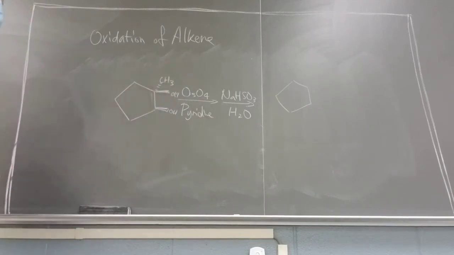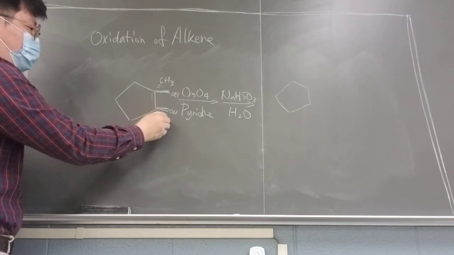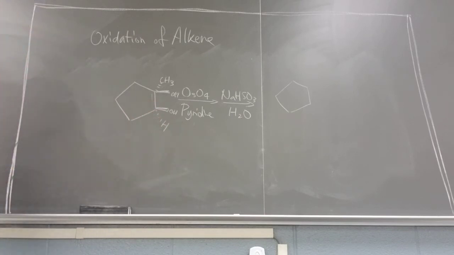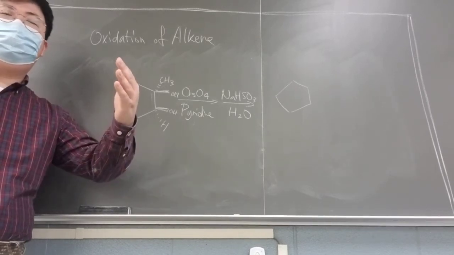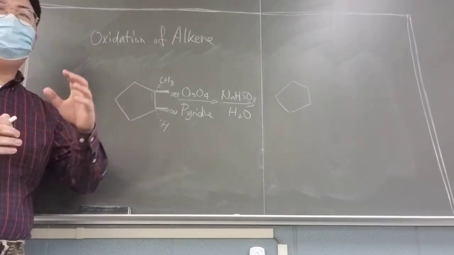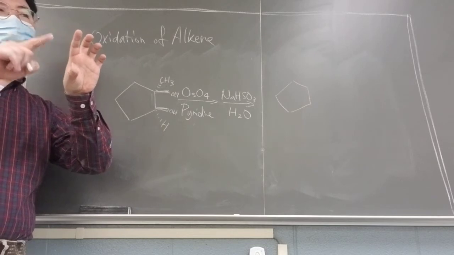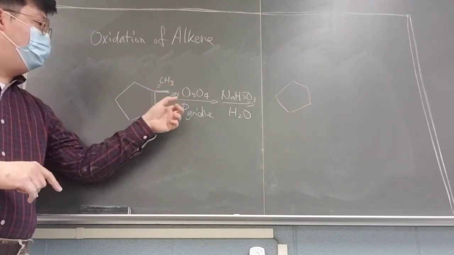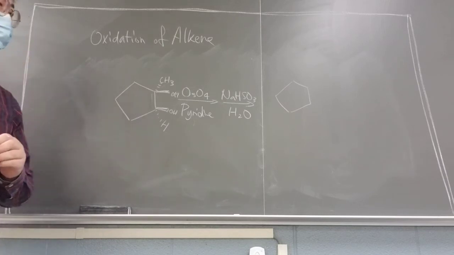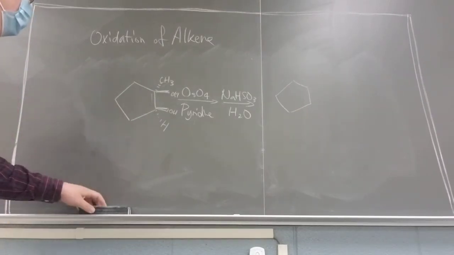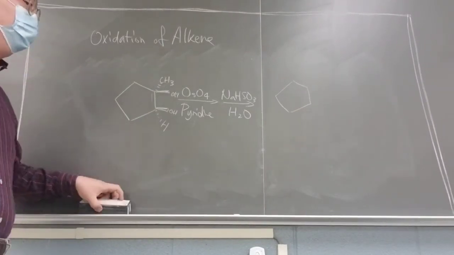So the point here is just to remove your double bond, and on those two carbons you put the hydroxy group OH, but this time we're going to put them on the same side. That's the only difference. Can I move on? Okay. All right.